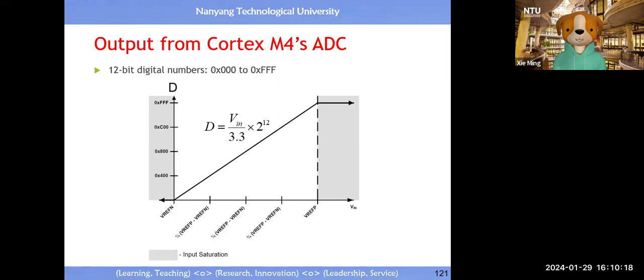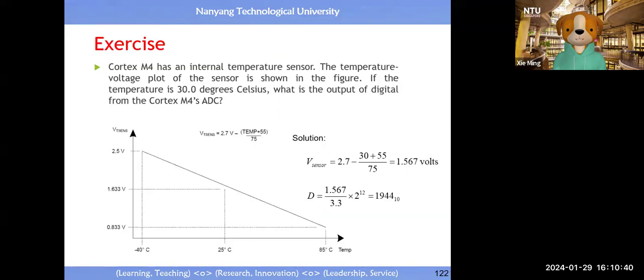The output is a number from 000, if you use hexadecimal, all the way to FFF. This is 3 digits in hexadecimal. Each digit has 4 bits. 3 times 4 is 12 bits. This is why you see the maximum number is FFF. F means what? 15. Okay, so you can easily verify this one.